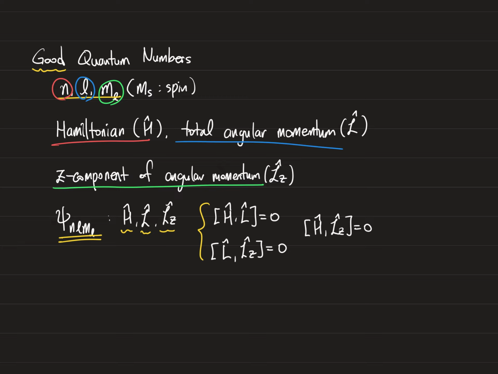So we can assign the physical meaning of these 3 quantum numbers, and the reason why I call these 3 quantum numbers good quantum numbers is that the wave functions expressed with these 3 quantum numbers are simultaneous eigenfunctions of these 3 operators. Okay, so this is the end of section 7.1, and let's move on to section 7.2.